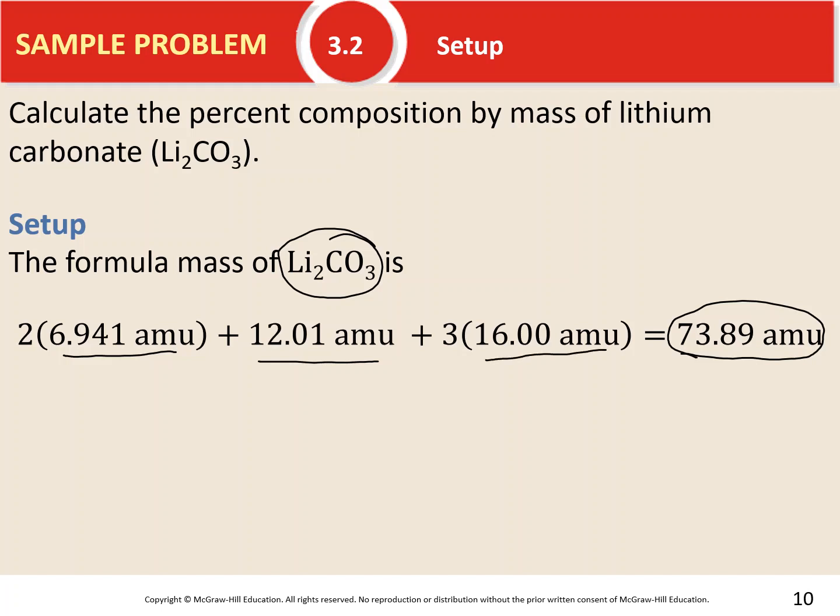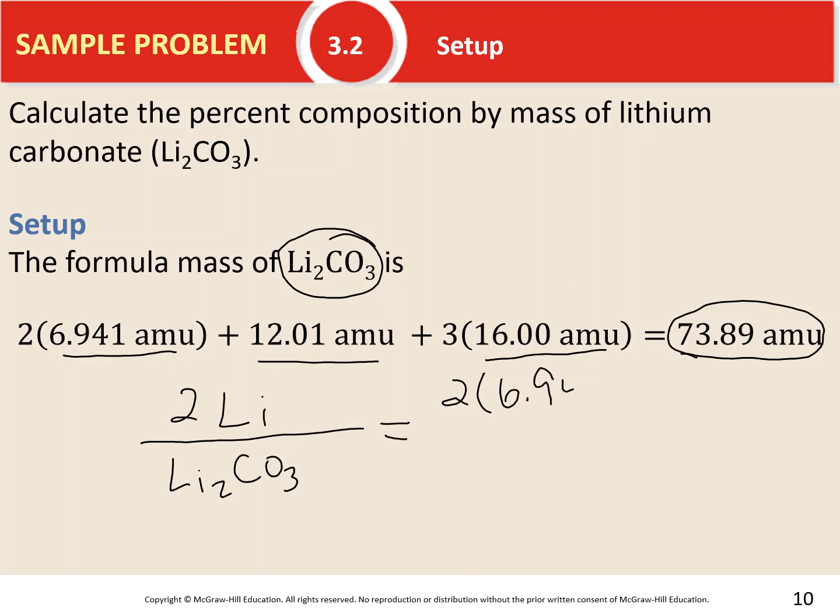Now what we have to do is say, what percent by mass is lithium? So there are 2 lithiums for every 1 lithium carbonate. So we're simply going to take the mass of 2 lithiums and divide it by the mass of lithium carbonate.